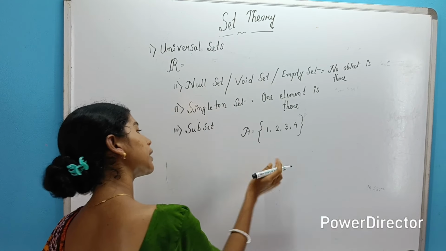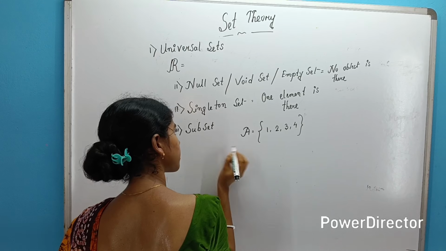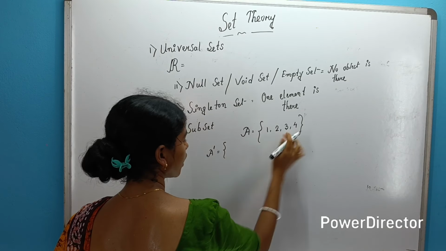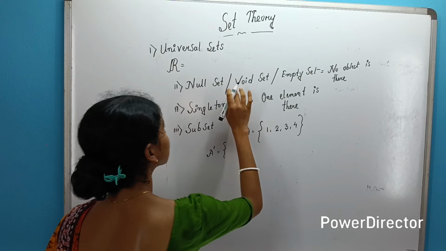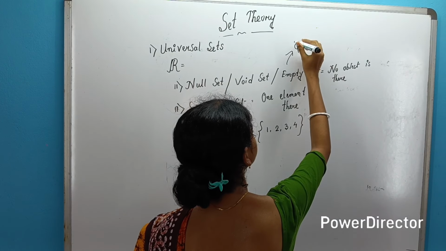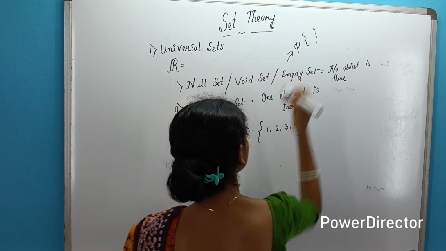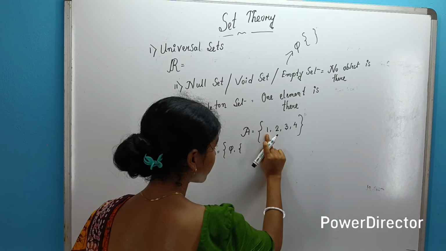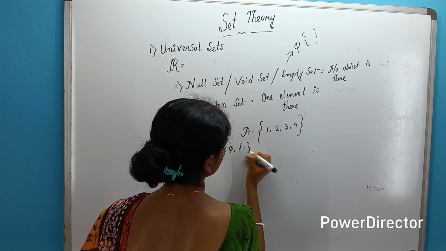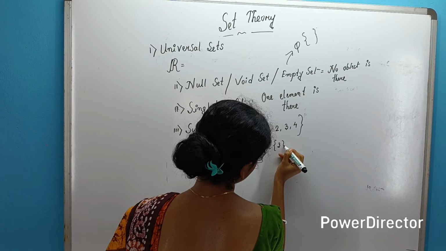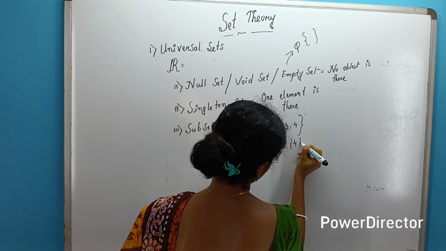So the subsets will be, okay, I have considered A dash. So the null set itself, denoted in that way or in that way. Then each element itself is a set, a singleton set.